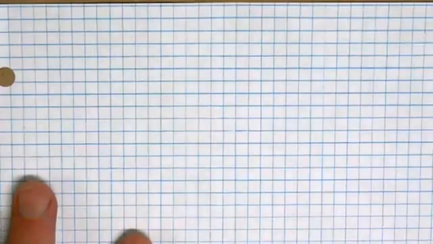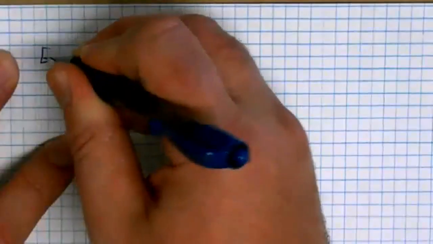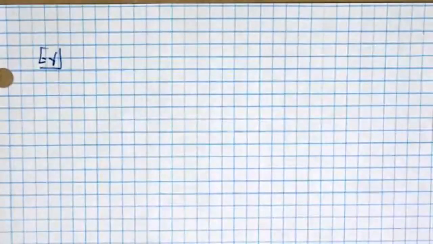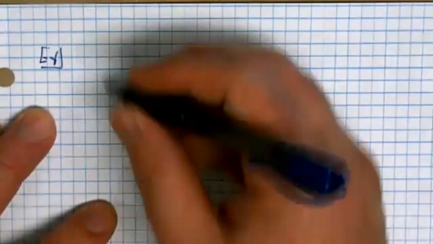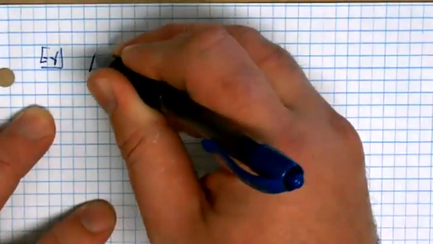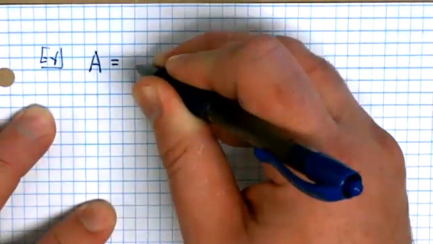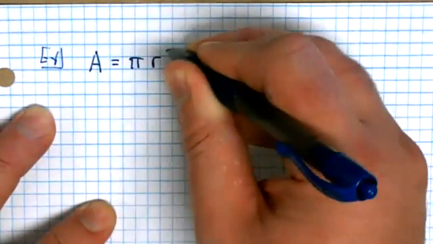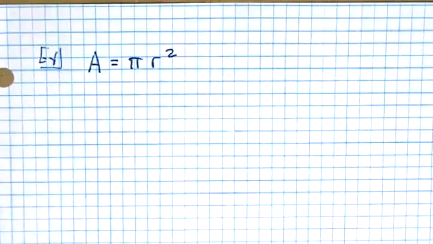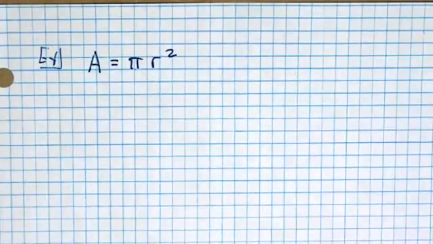A couple examples for you here. And again, we are going to be writing some words out here, so let's feel a little bit like English class. A equals pi r squared. I would make the claim that this is a power function.